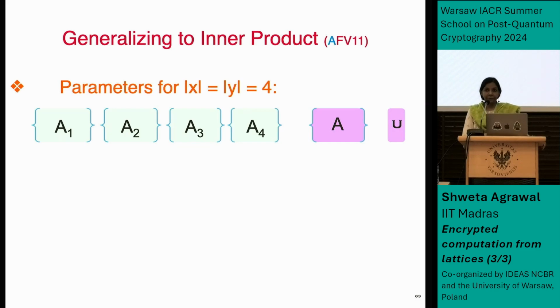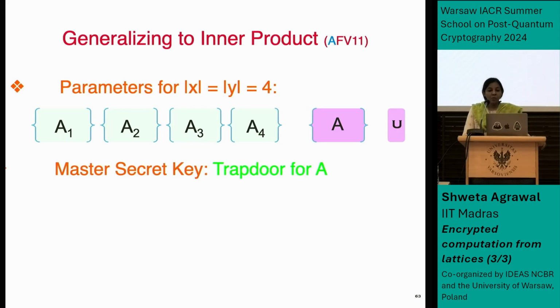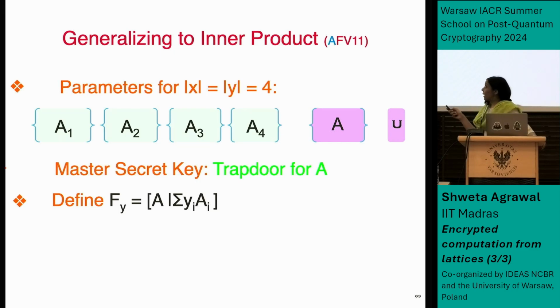For attribute length 4, I will have 4 matrices, A1 to A4, and I'll also have my favorite matrices A and U. Now, the master secret key will, again, no surprises, be a trapdoor for A. And now the matrix that I use for encryption, I will define in this way. It will be A concatenated with the summation of yi Ai, where y is the vector for which I'm creating the key.